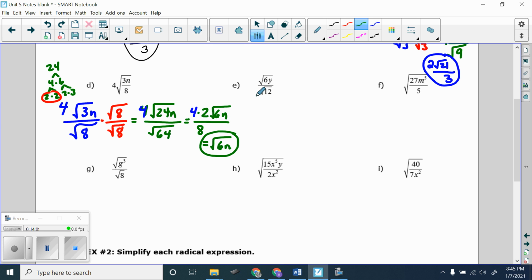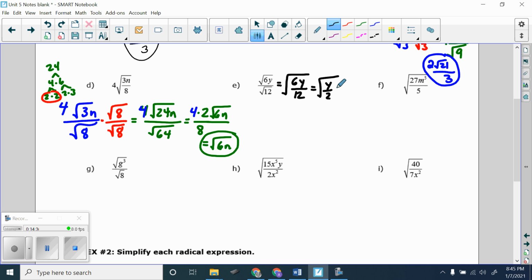All right, now that I have them separated, again, you can put them together if you want to. Or you can go ahead and multiply by the denominator over itself. I'm going to put them together to show you that method. So this can become square root of 6y over 12. The 6 and the 12 divide. That's 1, and 6 goes into here once, 6 goes into here twice.